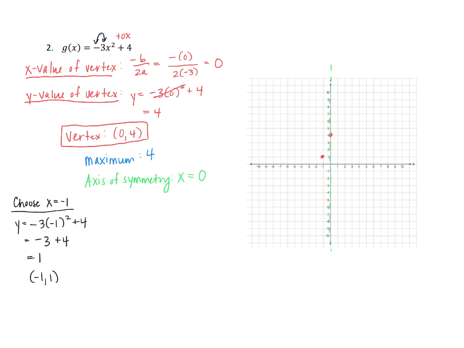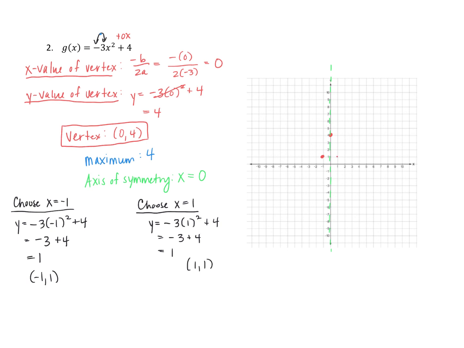And then I chose 1, so I'm just hugging that x value of the vertex. Since it was 0, I'm picking -1 and 1. I'm going to have y equals -3 times 1 squared plus 4. 1 squared is 1 times -3 is -3, and -3 plus 4 is 1. So I'm going to have 1, 1 as another point.